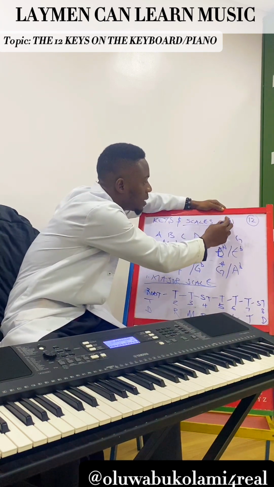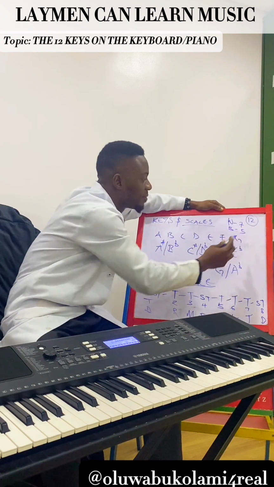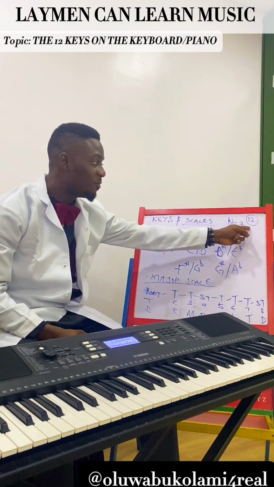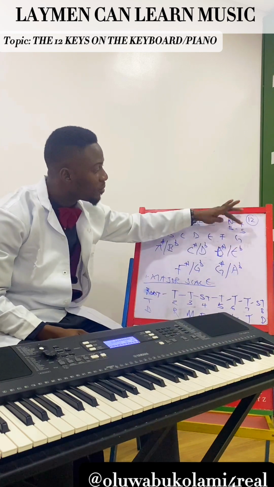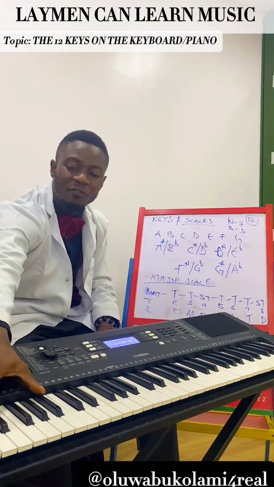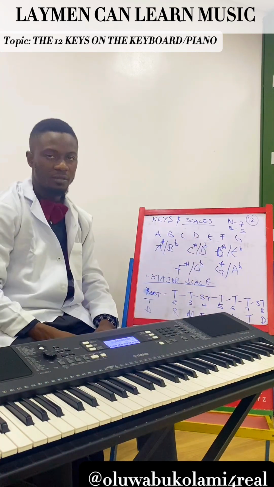The white keys are 7. The black keys are 5. There are just 7 white keys and 5 black keys. 7 plus 5 makes 12. That's why we have 5 black keys, 7 white keys. It was now repeated.